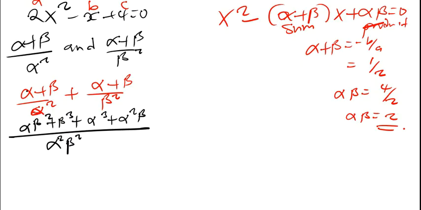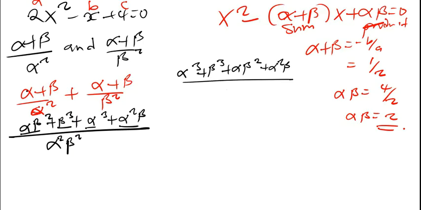The best thing that we can do here is first to leave this guy and this guy alone, which is going to be alpha to the power 3 plus beta to the power 3. Then let's get this and this also to be together, plus alpha beta squared plus alpha squared beta. Divide this. This now can be written as alpha times beta in brackets to a power 2. The best thing that we can do now, we know that we have to replace this with something.